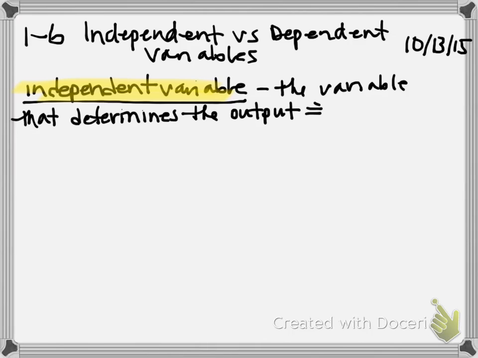So if he is the one that determines the output, what does that make the independent variable? He's the input, right? Okay. And if it's the input, what variable does that represent in equations generally if we have two variables?